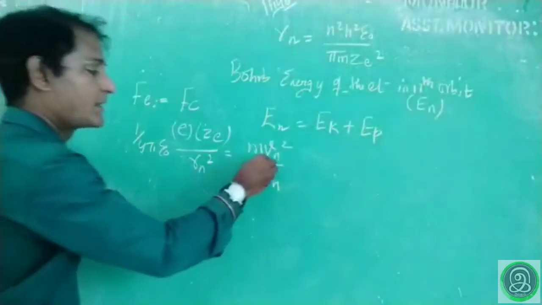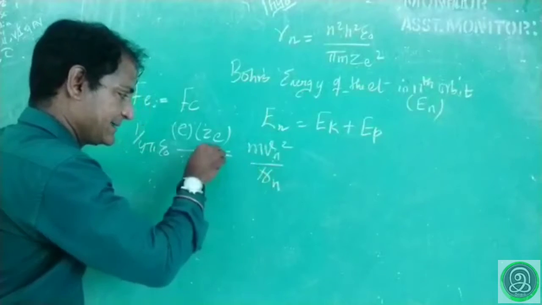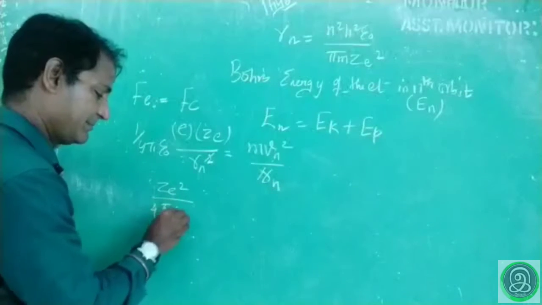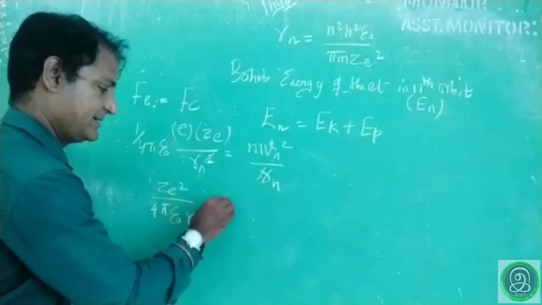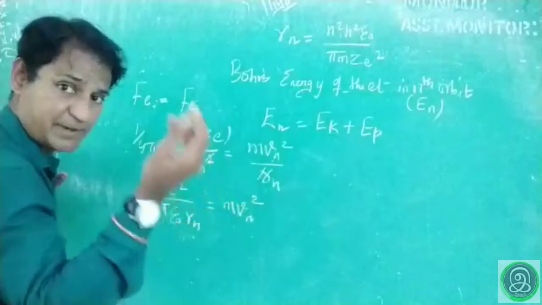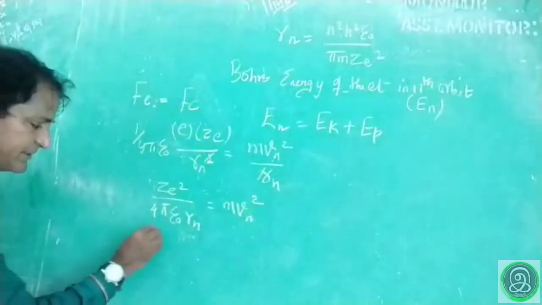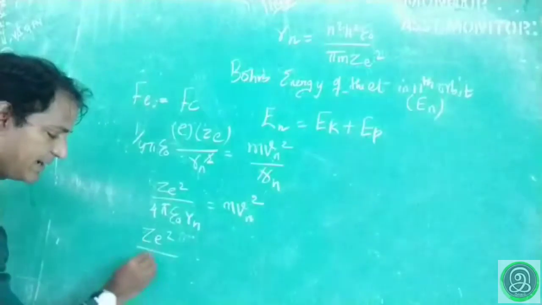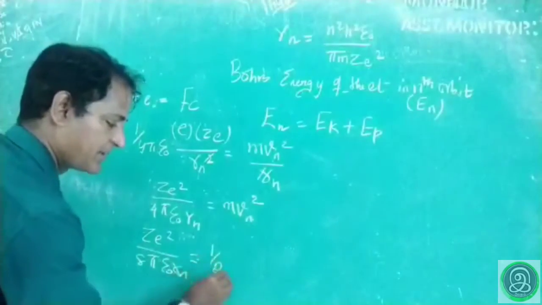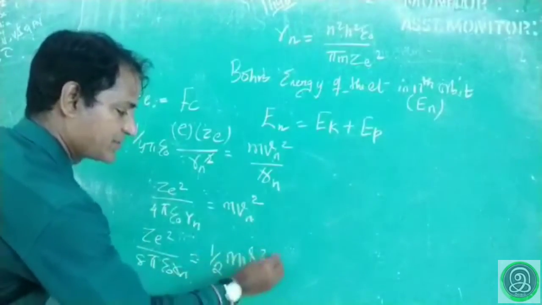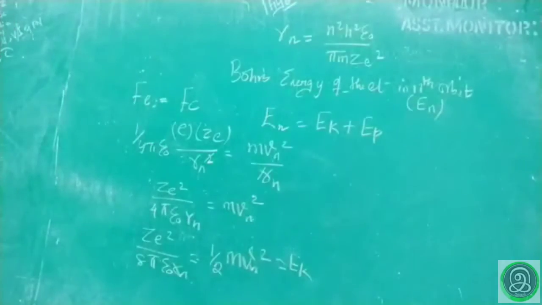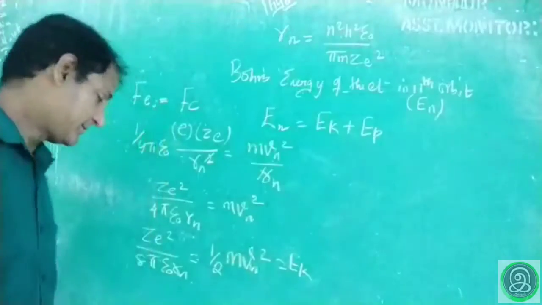Now if I cancel this, it becomes Ze square by 4 pi epsilon naught Rn equal to m Vn square. When I multiply both sides by half, this becomes Ze square by 8 pi epsilon naught Rn, and this becomes half m Vn square, which is nothing but the kinetic energy of the electron in the nth orbit.